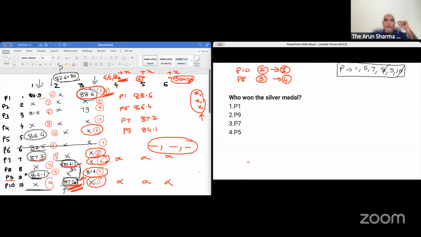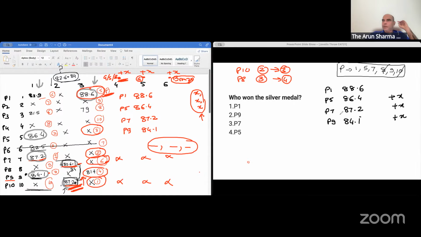Who won the silver medal? We know the silver medal is P1, P7, P9, or P5. So I'm trying to think about, again, let me just put this part here so that we have clarity on this. So one thing we can make out, there's a plus X 3 times that I have to use.